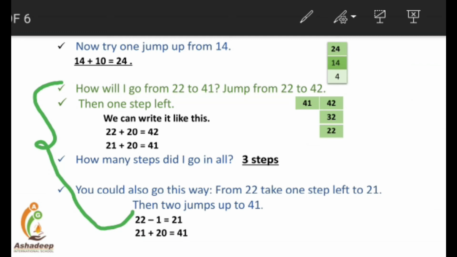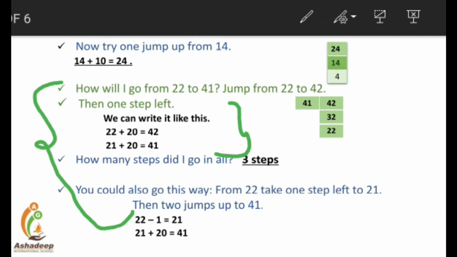In the first one we add 22 plus 20, which gives 42, then 21 plus 20, so we get 41, right? In this one, from 22 take one step left to 21, then 2 jumps up to 41.